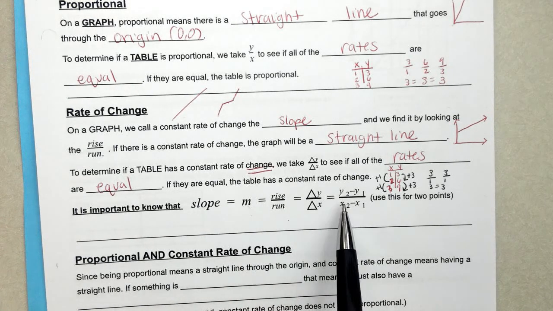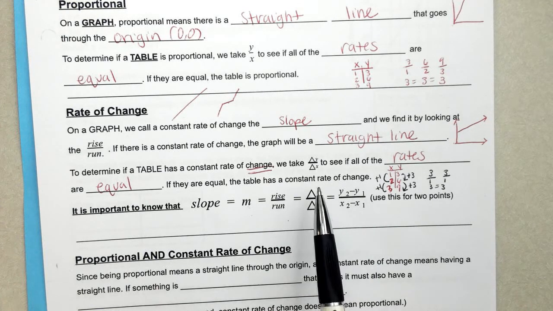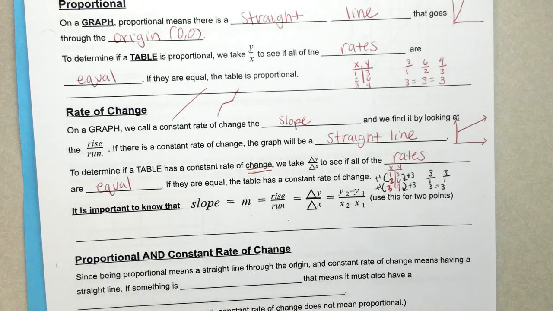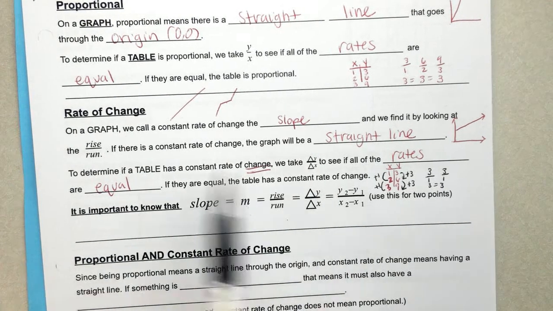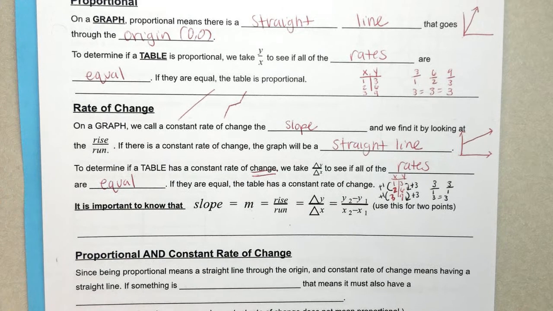We know the formula to find slope is y2 minus y1 over x2 minus x1, which is what gives us that change in our y values and our change in our x values. So that's the part that kind of gets confusing through this chapter, is we know so many things that all are talking about the exact same thing. They're just worded in slightly different ways. Okay?